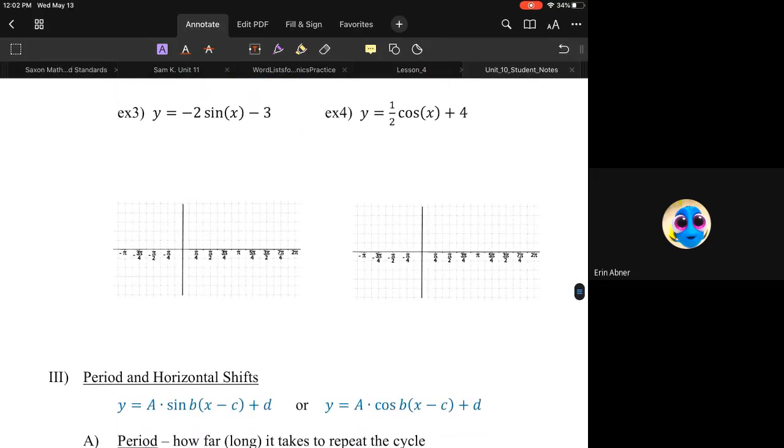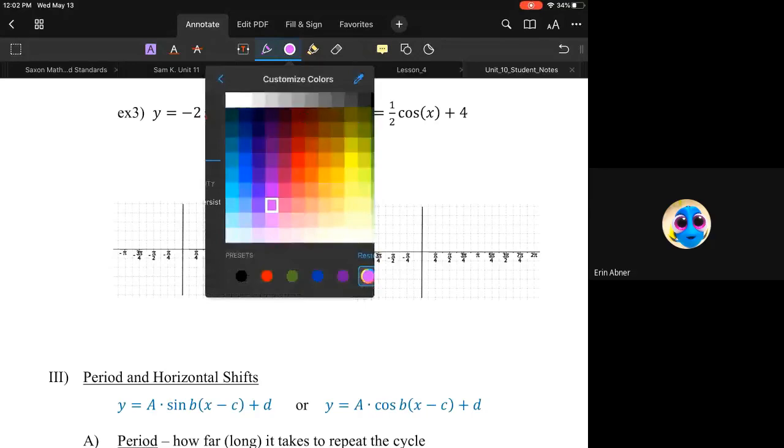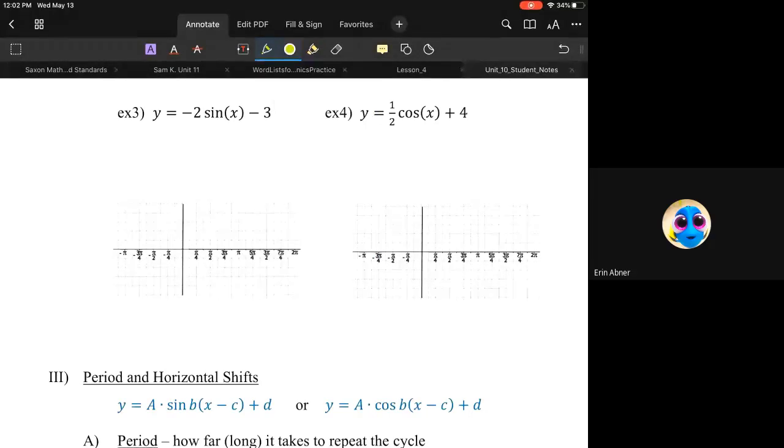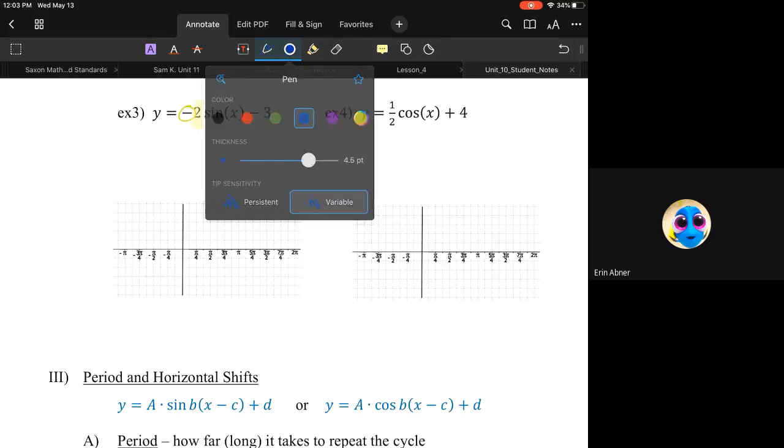All right, so now let's take a look at these ones. They're going to be a little bit more of a shift, so they're going to have a couple things going on. So for the first case, looking at this one, it's negative. And my starting is a 2. So since it's negative and a 2, I'm going to graph my first function before I do any moves to it.